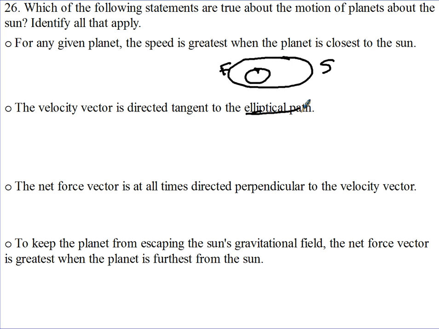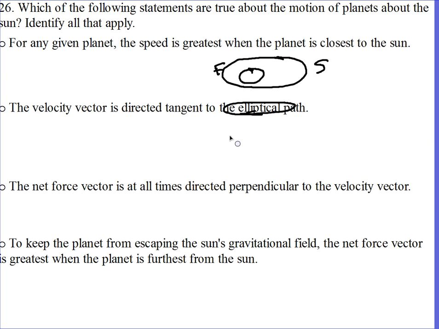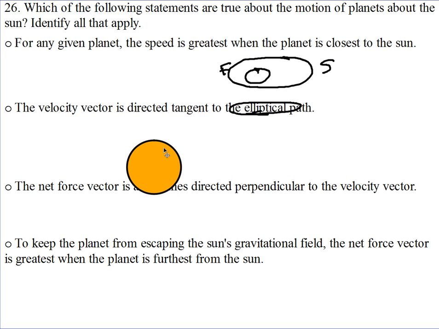Now, again, we're using mostly circular paths in our class, but you remember, here's my diagram. The velocity vector is always tangent, while the acceleration vector is to the center. That is a really horrible circle, so let's cheat a little bit and put in my circle here. If this is my diagram, my velocity vector is always going to be tangent like that.